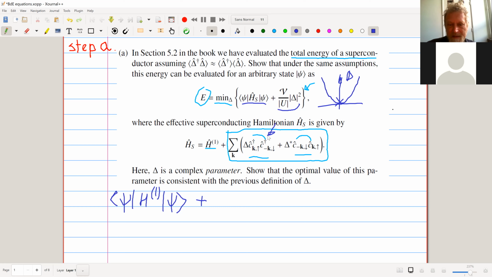So let me rewrite it term by term. I concentrate on this expression. What I have is delta in front of it, and then a sum over k.